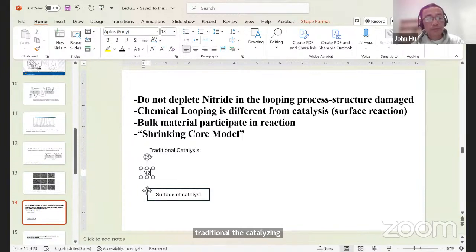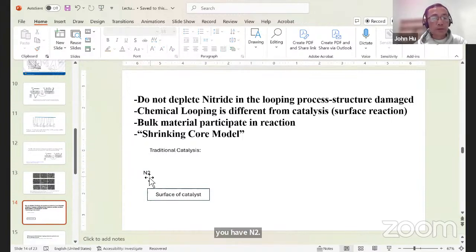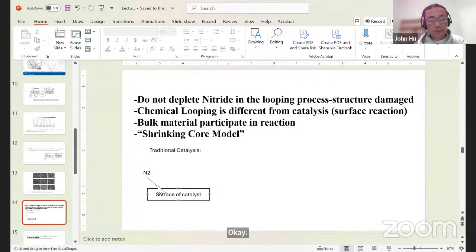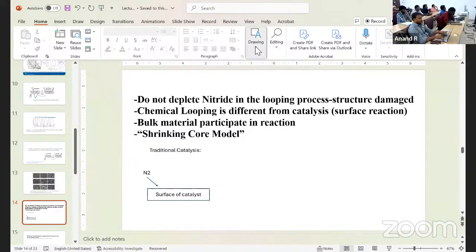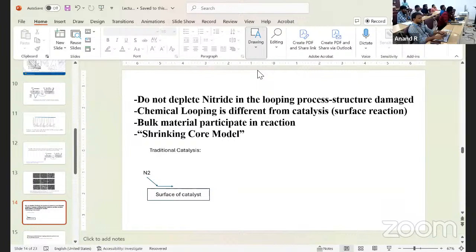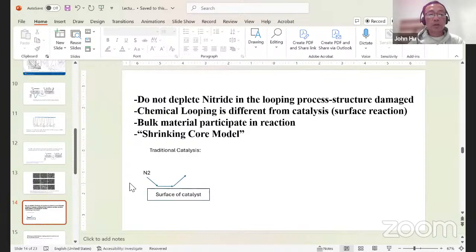You have N2. Traditional catalysis means you have diffusion.